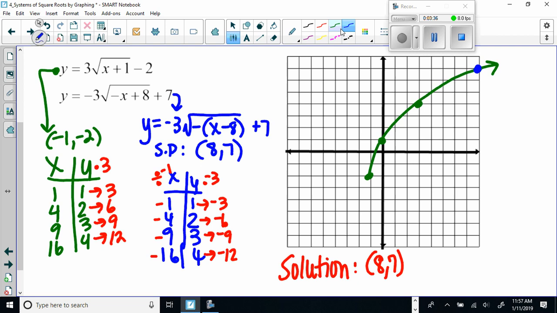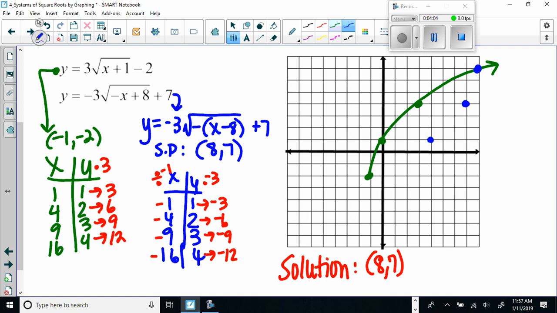All right, so I've got my starting point at 8, 7. The -1 tells me go to the left one and down 3. To the left one, down 1, 2, 3. So here's this coordinate. From my starting point, I'm going to go to the left 4 and down 6. 1, 2, 3, 4, and down 1, 2, 3, 4, 5, 6. From my starting point, I'm going to go to the left 9 and down 9.